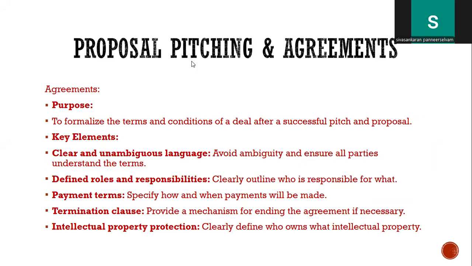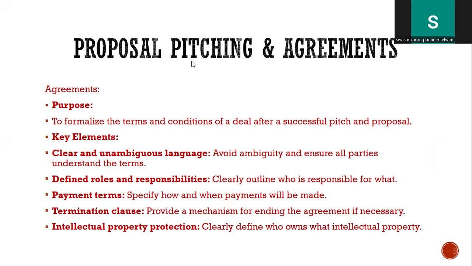So what is an agreement? What is the purpose of going for a business agreement after proposal pitching? It formalizes the various terms and conditions in order to sign a contract with a partner after the successful pitching and proposal. Here are the key elements listed. The language used in the agreement must be very clear and unambiguous in nature.